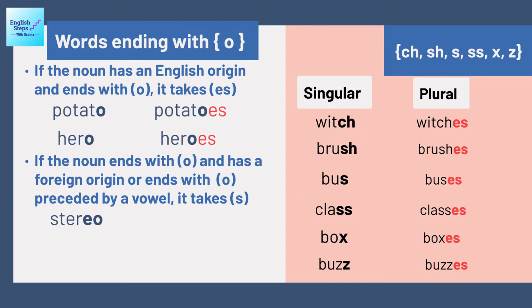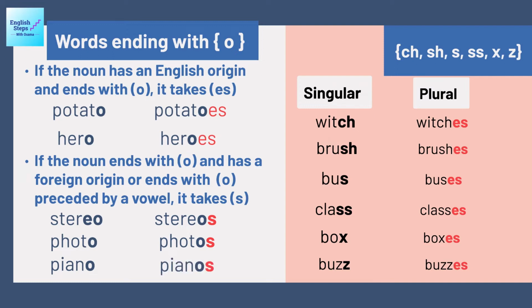Stereo ends with O, but it is preceded, as you can see, by E, which is a vowel, and that is why we add only S. Photo, which comes from a foreign origin, we add only S, photos. Piano also comes from Italian origin. I say pianos with S only, not ES.